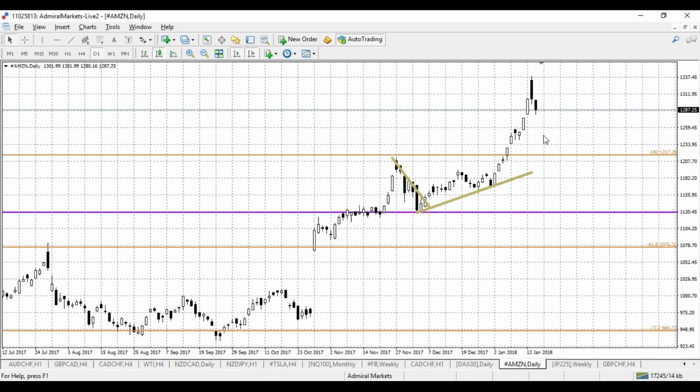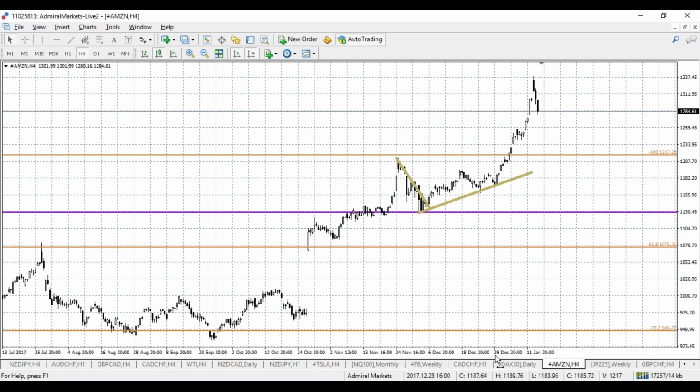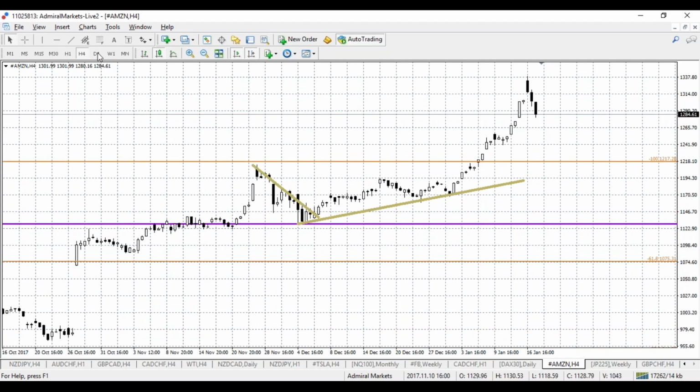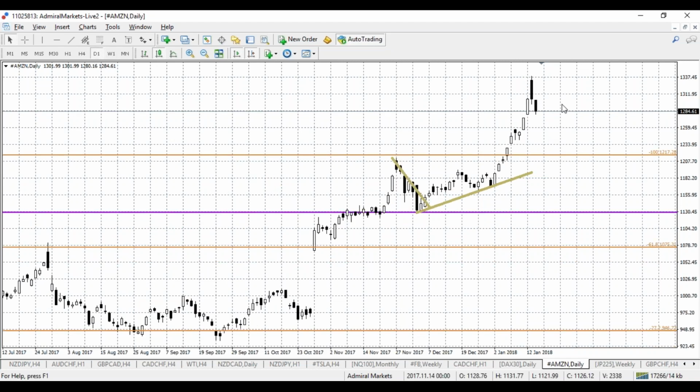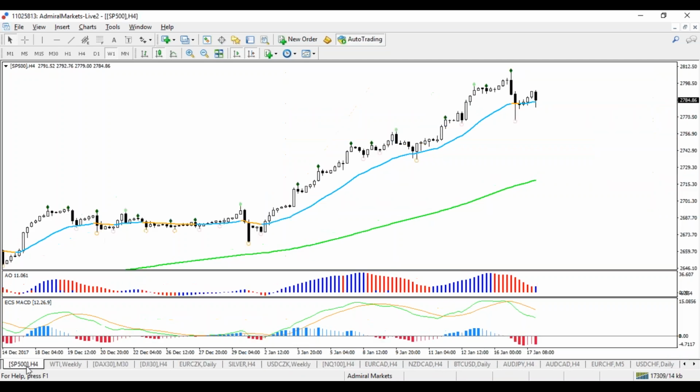Let's see, what levels did we have in mind? That could be good retracements. I forgot on Amazon. Probably the broken top. Facebook, I was saying 23 or 38.2 fib. Let's see if those are bouncing spots or not. I wanted to take a quick look at S&P 500 though, and then there we go.